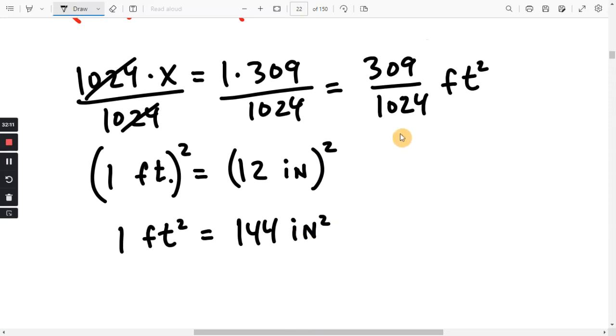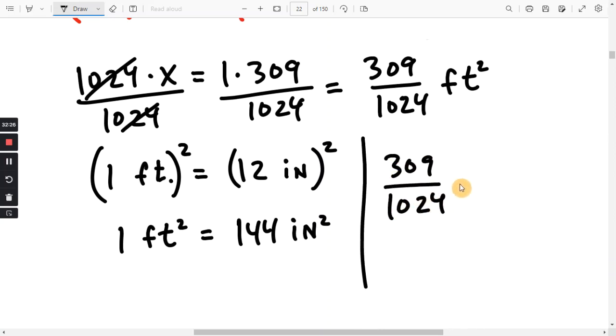So in other words, we have to take this and multiply it by 144. All right, so we have 309 over 1024, and we're going to multiply that times 144. All right, and that's going to be in square inches. So 309 times 144 divided by 1024.